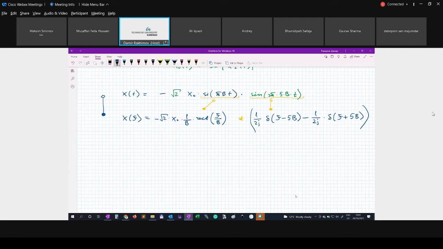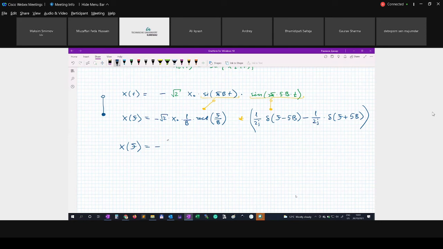It's very easy to calculate because we simply replace our delta pulse by the rectangular pulse. I shouldn't forget the other scalar.